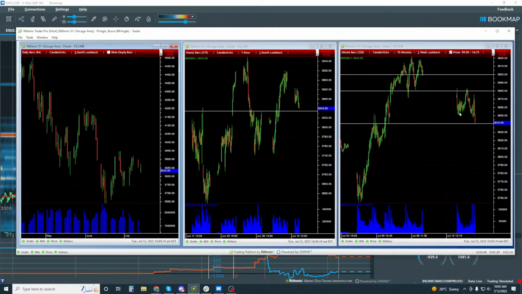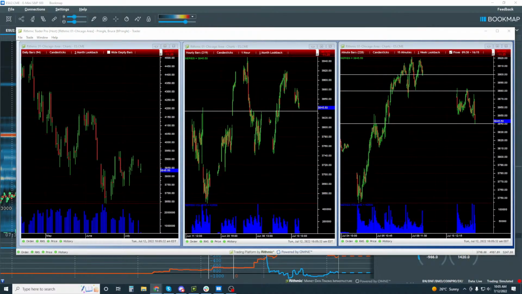Just based on the overall structure, the hourly didn't help us too much. The daily though, we're looking for a move lower. Look where it tested. Our line at our 3840 level was tested. We were looking for that, and that segues into the tweet.